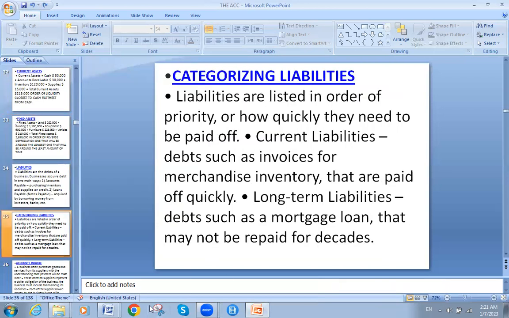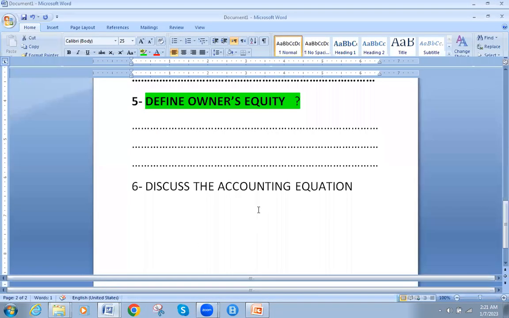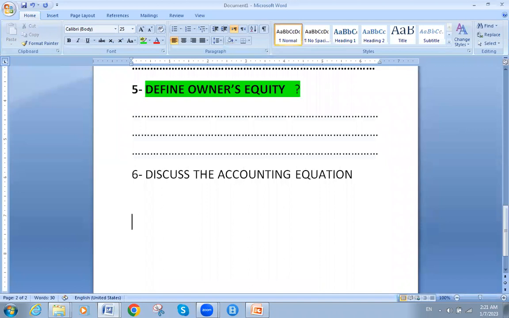All I will tell you now is a new question for today. Question 7: draw a balance sheet. You will draw a balance sheet using its components.